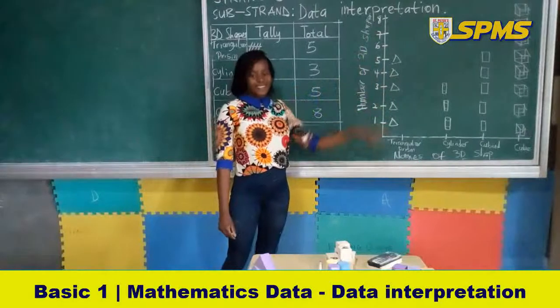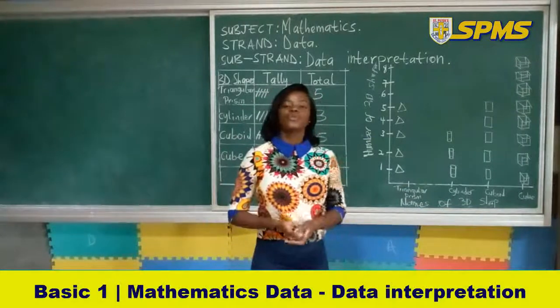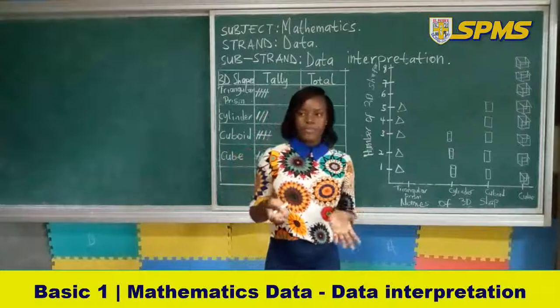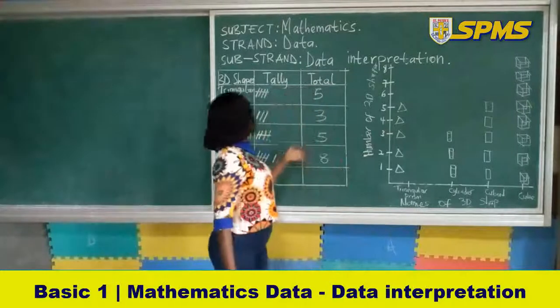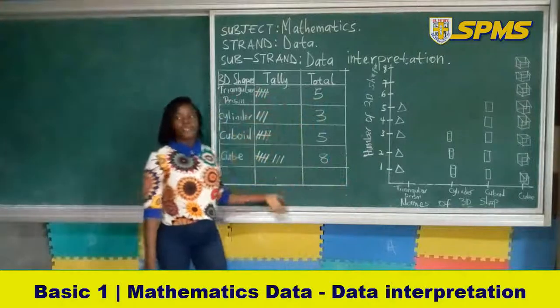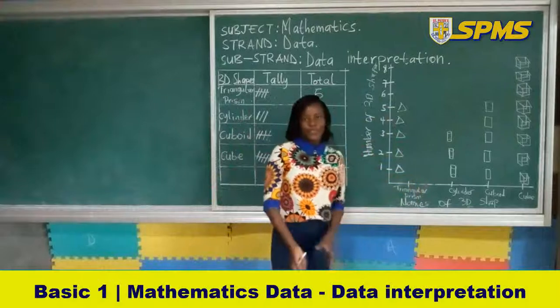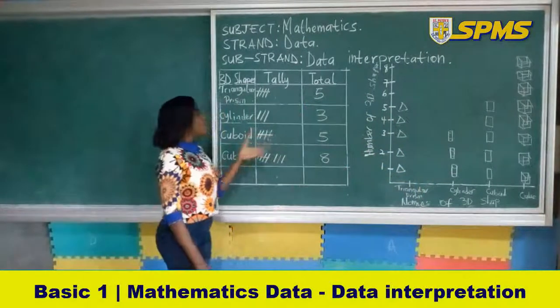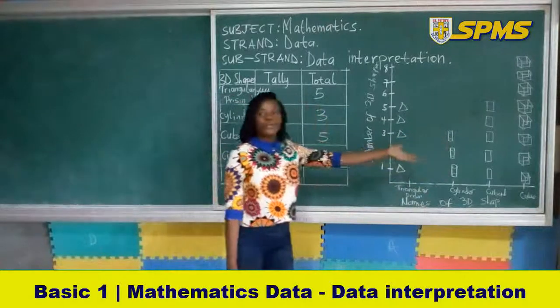Yes, it is. So based on our objectives, we are going to solve a problem. We're going to answer the question using our tally chart and our pictorial graph. Now, are there more triangular prisms than cubes?